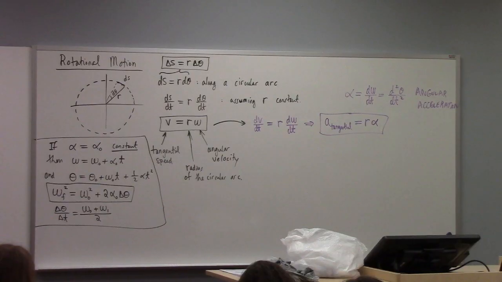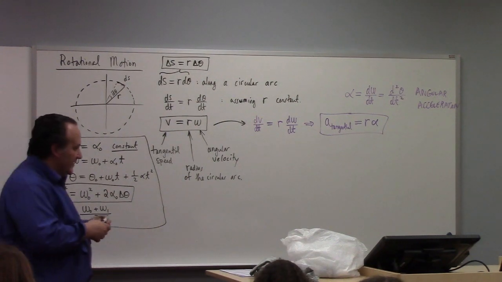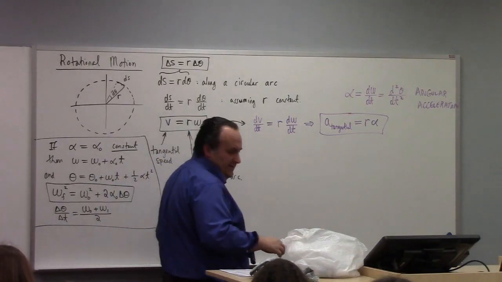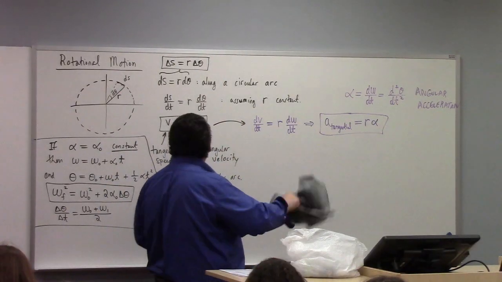The average angular velocity, rather, is change in theta over change in time. The average of the angular velocities is omega initial plus omega final divided by 2, right? Everything I just put in the box.